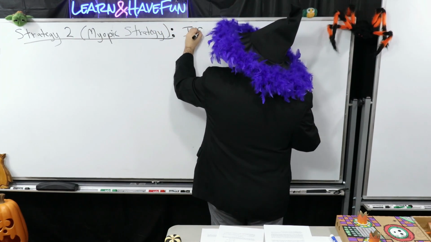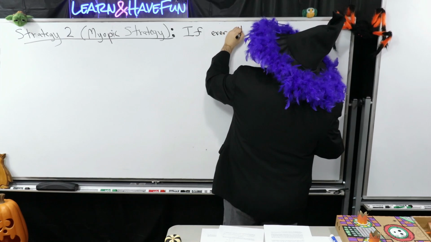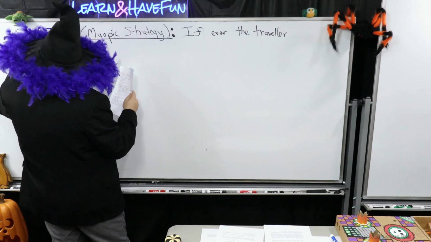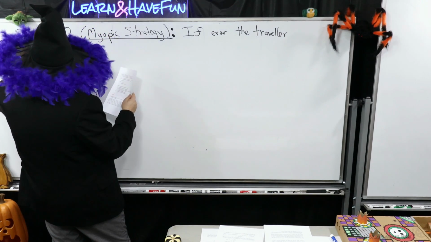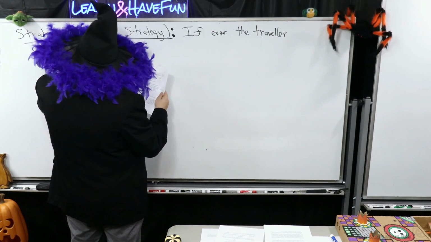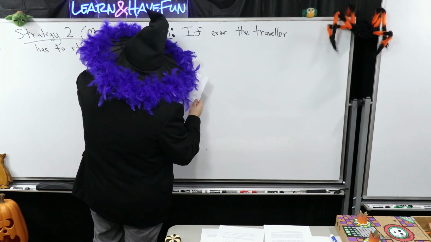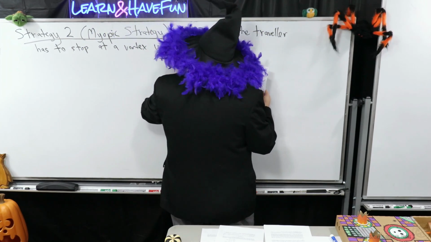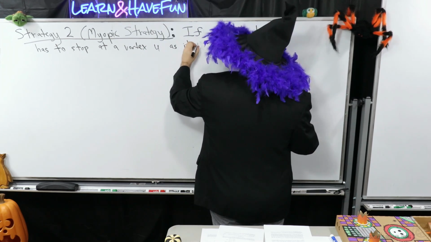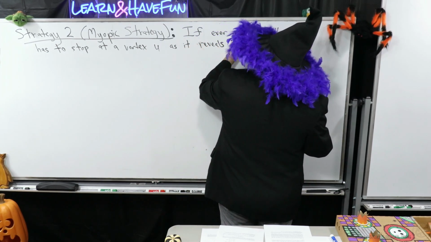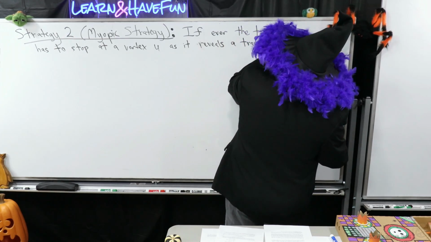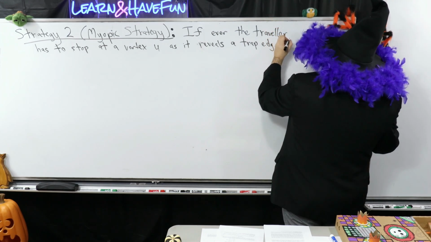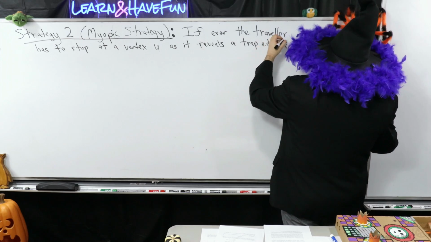If ever the traveler has to stop at a vertex U as it reveals a trap edge E, it can't continue any further because you can't cross over the trap.